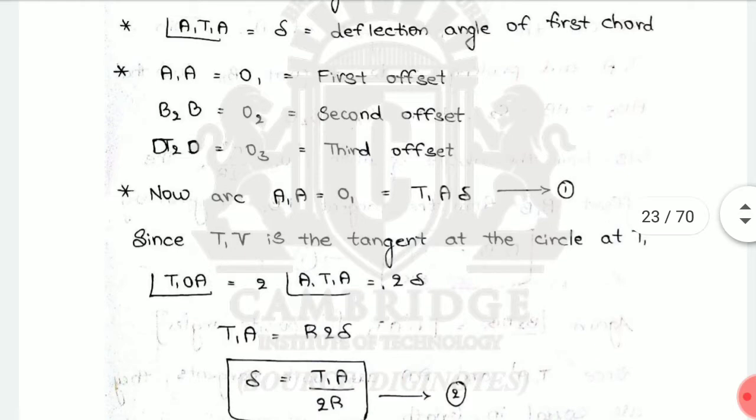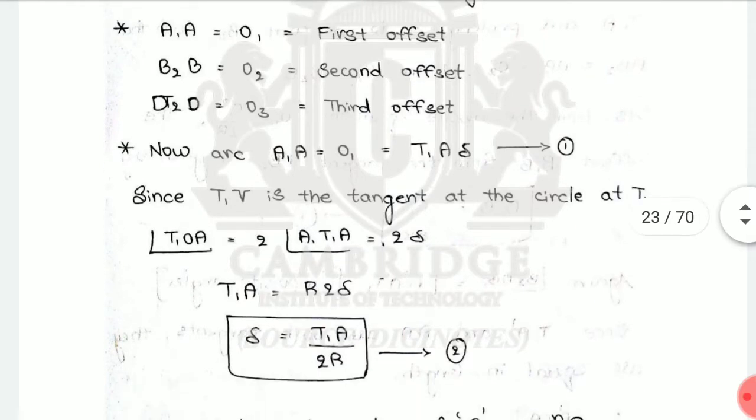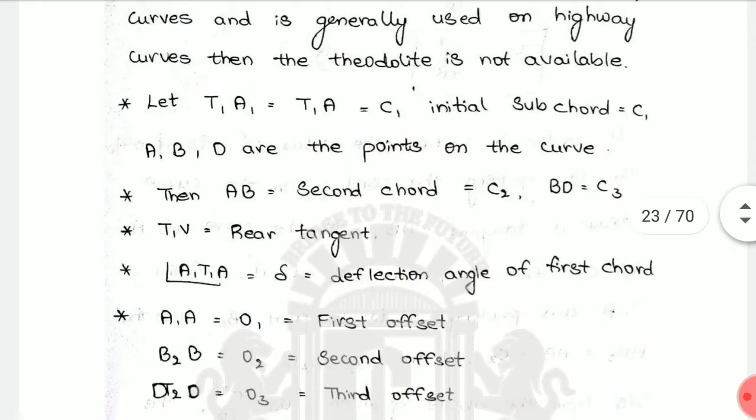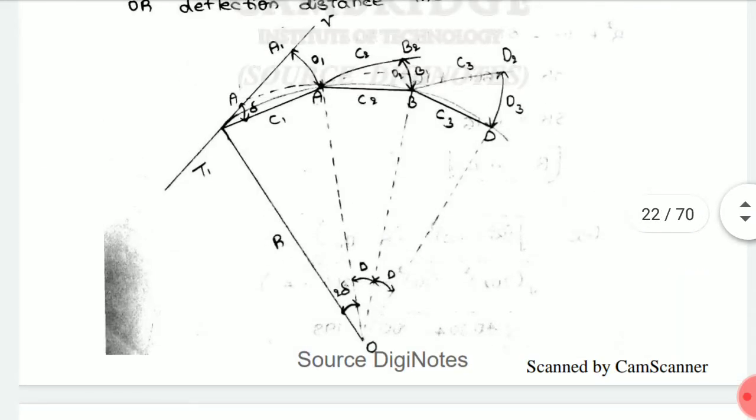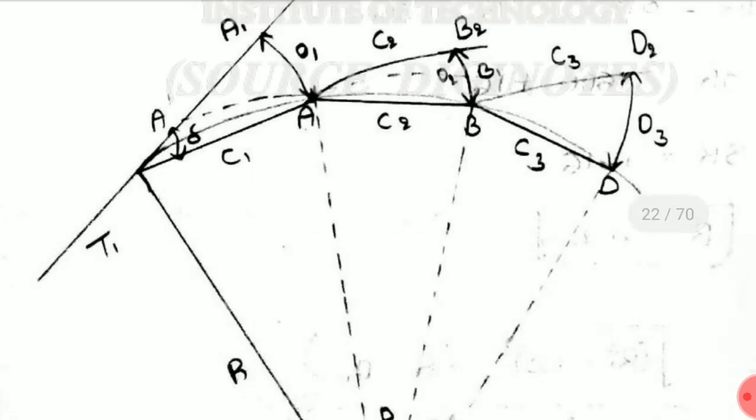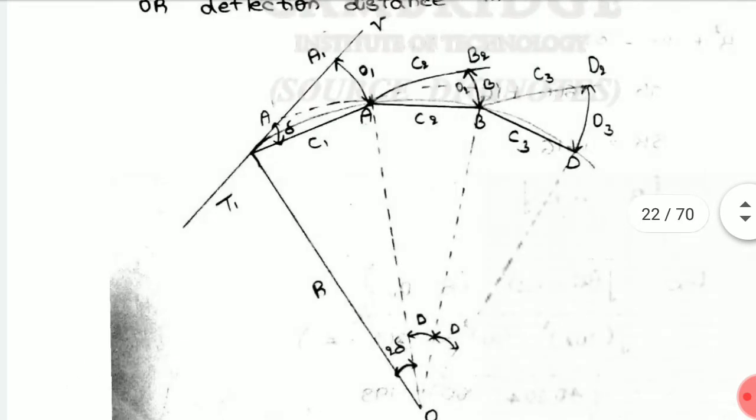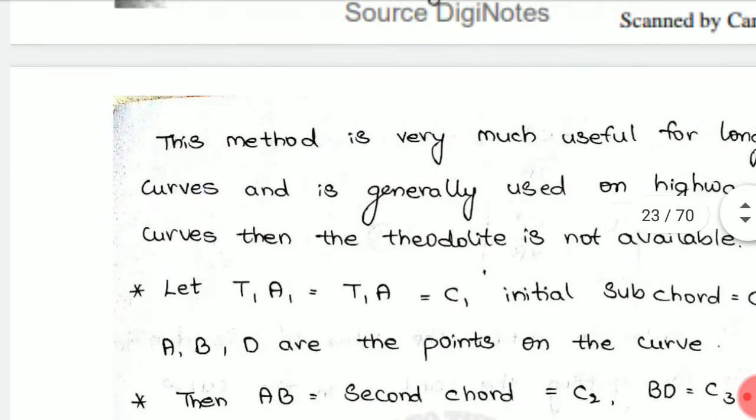Now I will first derive the equation for the first offset for the first subchord, that is T1A, small c1. For that first subchord I will establish the equation to get O1, the first offset. Then the same procedure I will repeat for the remaining offsets.